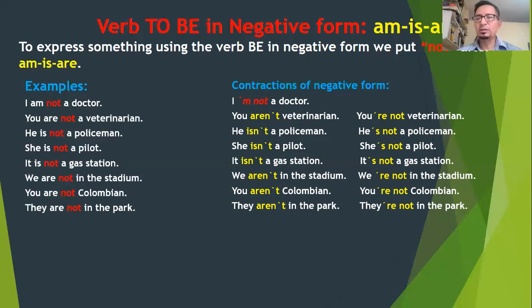In this part, we have another way to use the contraction form in negative with the verb to be. Entonces aquí tenemos otro grupo al lado derecho de cómo expresar en forma corta o contracta usando el verbo to be en forma negativa. In this case, we put together the personal pronoun with the verb to be, and we delete the vowel of the verb to be, and we put not next to it.